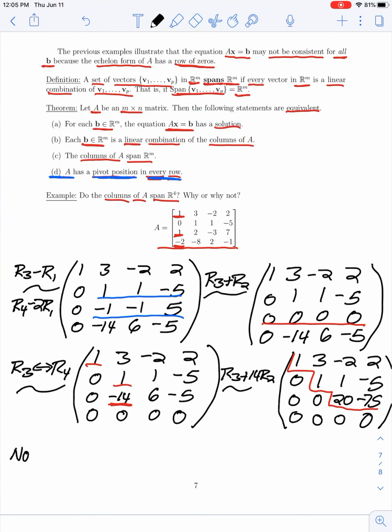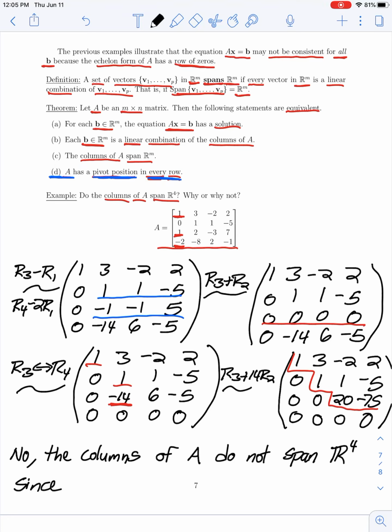So for our answer here, we would say no, the columns of A do not span all of R4.